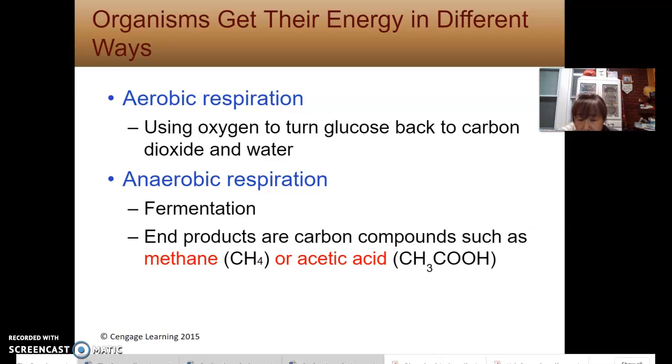Their end products are carbon compounds, such as methane or acetic acid. Please remember, for anaerobic respiration, they do not produce carbon dioxide. The end products can be methane or acetic acid.